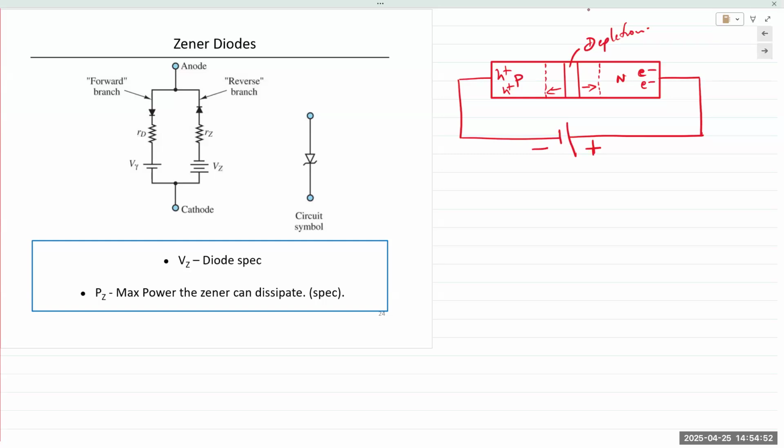But there are diodes that are specifically formulated to operate in the reverse bias. If you dope these P and N type materials with a high dosage, meaning you have excess charge carriers, and you make the junction very, very thin, two things are required. This is reverse bias.